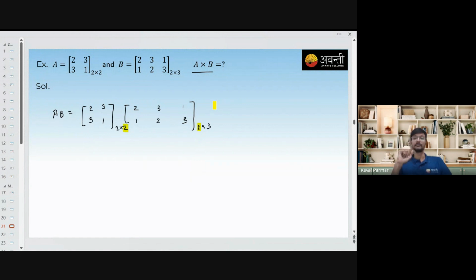As you can see here, in the first matrix, the number of columns is 2. In the second matrix, the number of rows is 2. Both match.